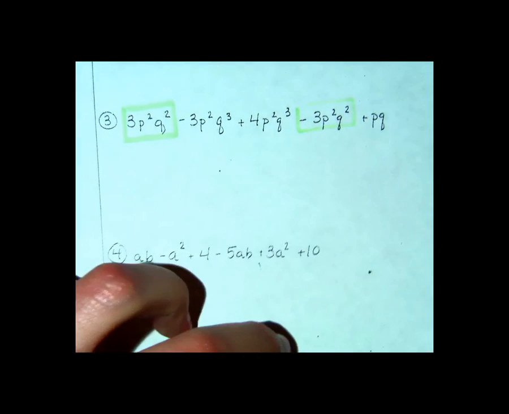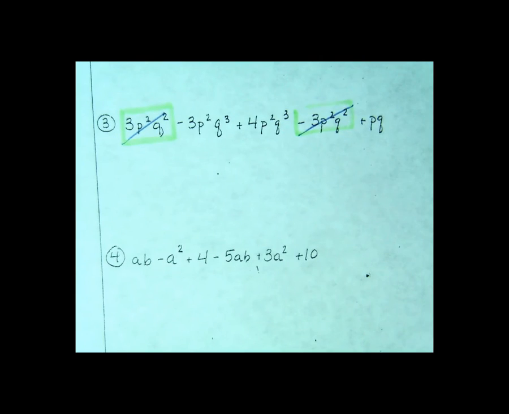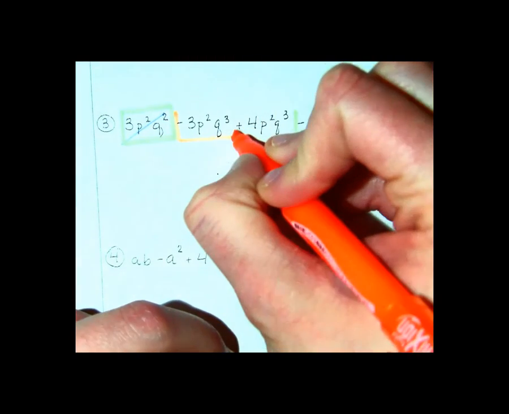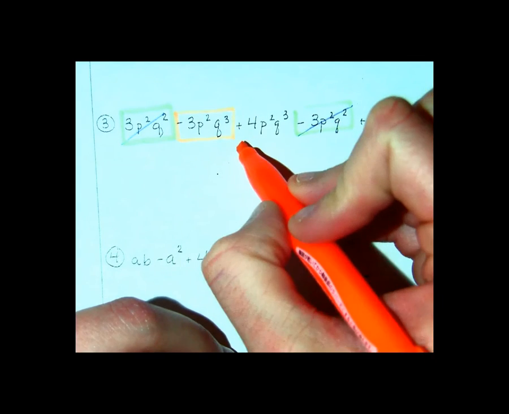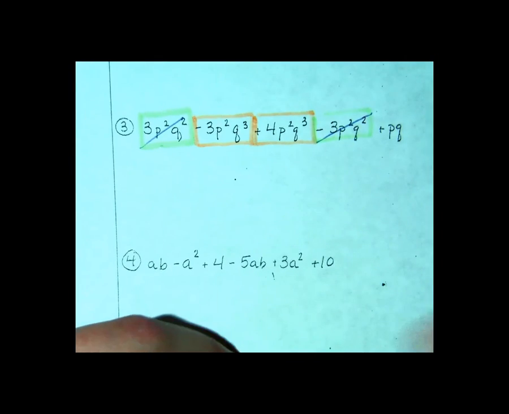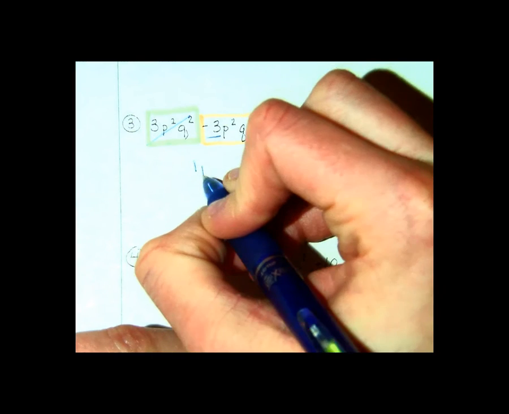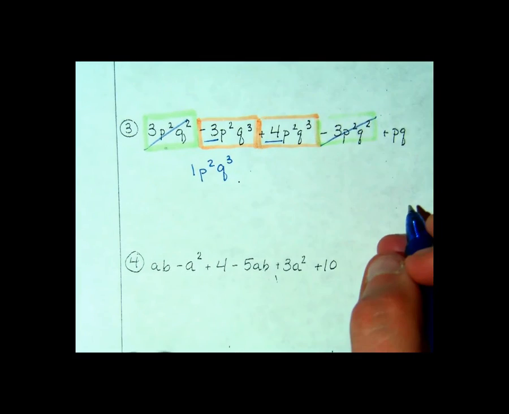What is 3 minus 3? Those go away. 3 minus 3 is 0. 0 times anything is 0. Okay? Do you have any other like terms? Okay. Squared to the third. Does it go with anything else? Right beside it. What is negative 3 plus 4? Do you actually need that one? No. If you put it, it's not wrong, though.